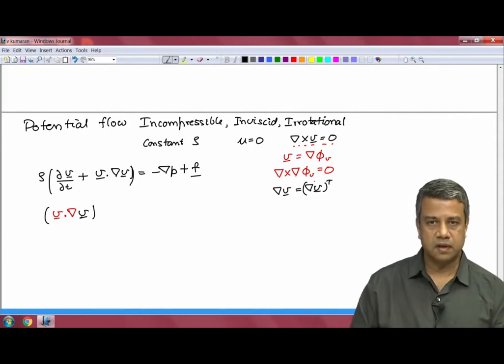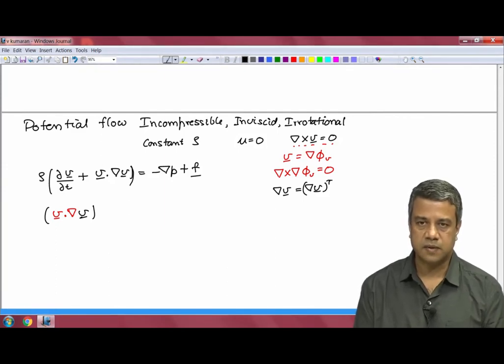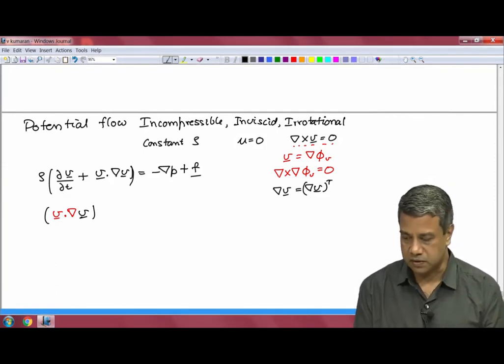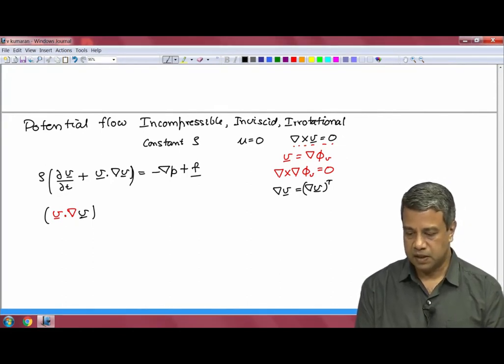If the rate of deformation tensor is symmetric, for irrotational flow, the antisymmetric part is 0 because the vorticity is 0. That means that grad V is equal to grad V transpose.